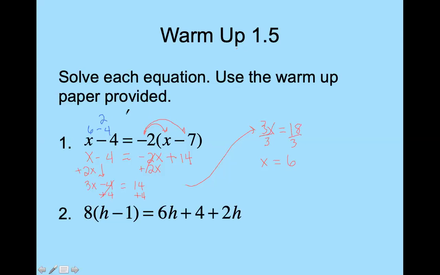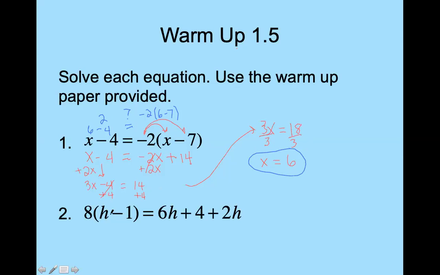On the right, I want to know, is that the same thing as -2 times 6 minus 7? Well, if I do 6 minus 7, I get -1, and -1 times -2 is in fact 2. So 6 is the correct solution.